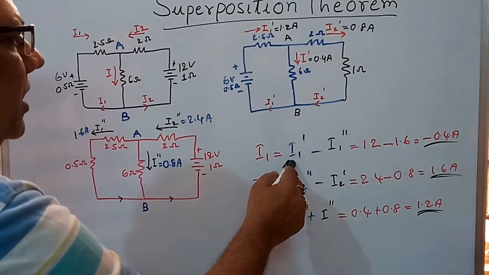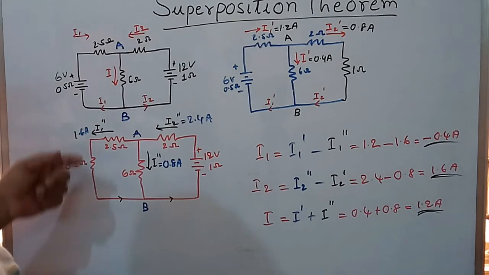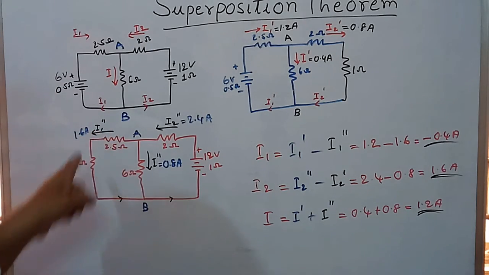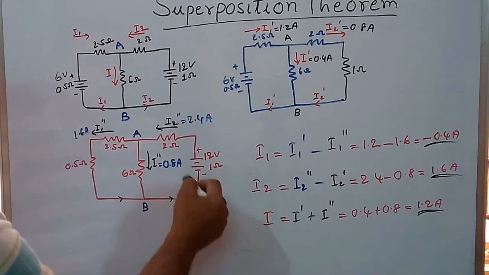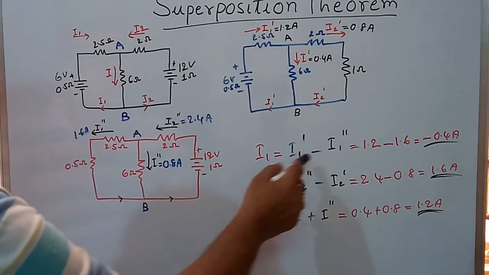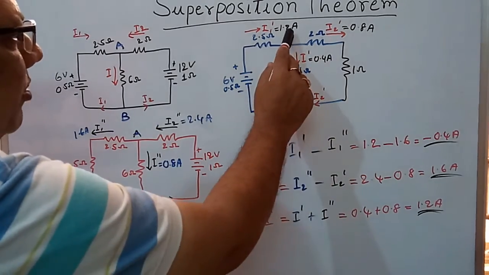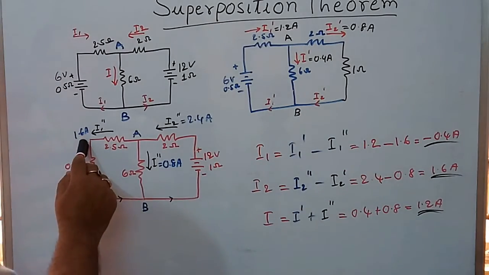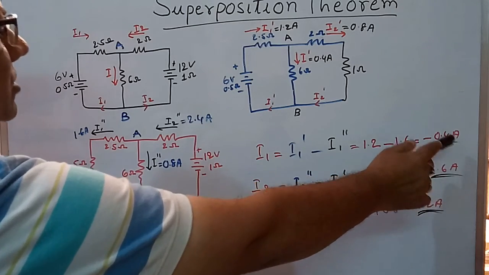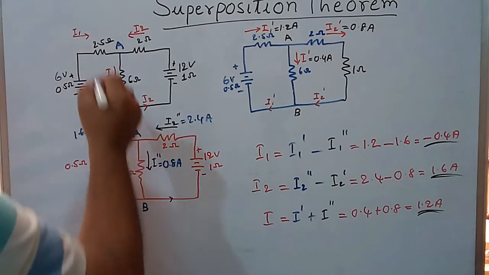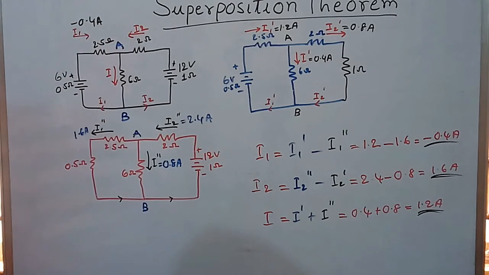So I1 dash is considered as positive, minus, because the I1 direction is opposite to that of the current when the 12 volt EMF is acting, minus I1 double dash, that is 1.2 ampere minus 1.6 ampere, that is minus 0.4 amperes, is the current which is flowing as I1.